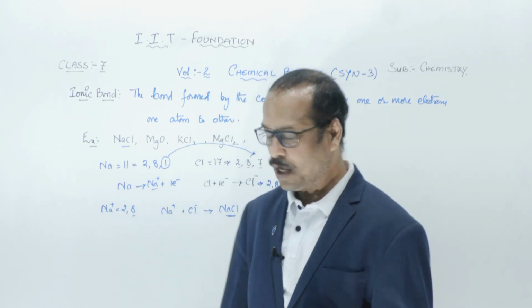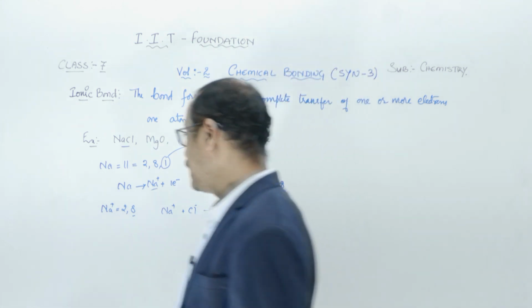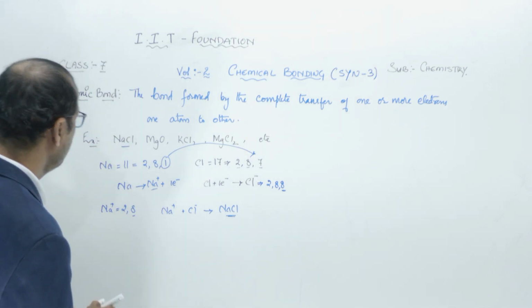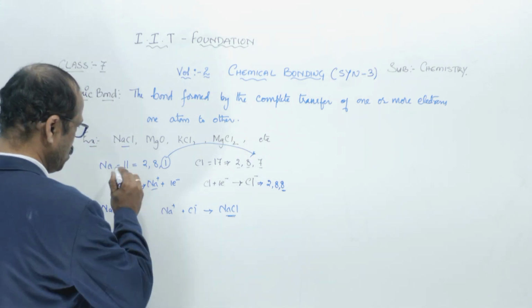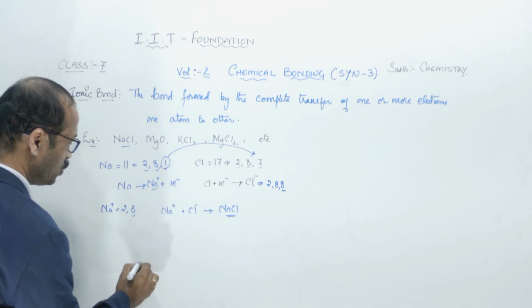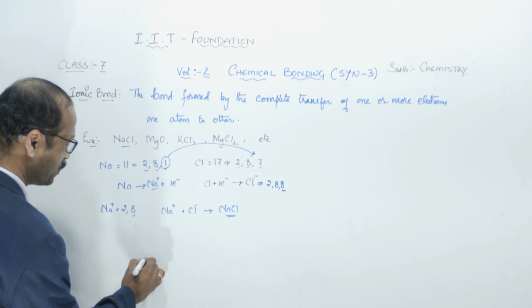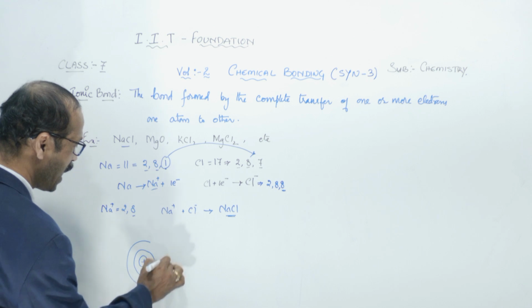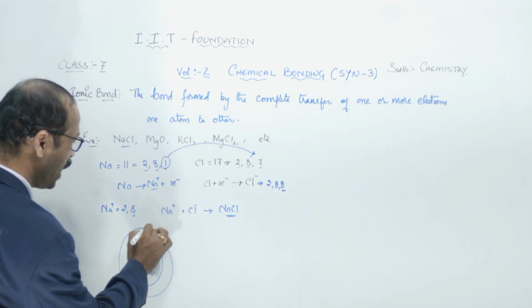Okay, students. Now we'll discuss the structure also. Structure wise, how can we draw it? See here, sodium, observe carefully, 2, 8, 1. First let us take this as the nucleus of the sodium, this is the K shell, this is the L shell, this is the M shell.